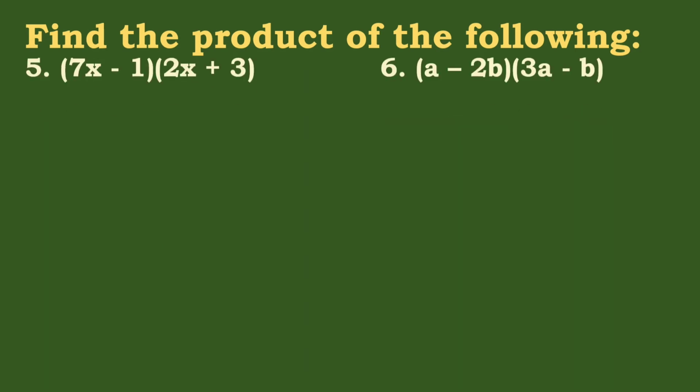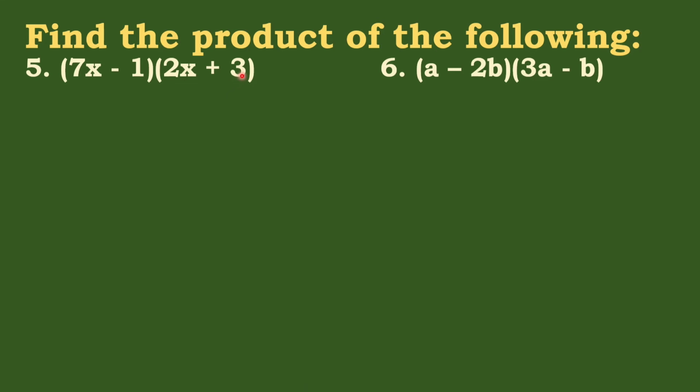Okay, two more examples. Now, some students, whenever they find that the binomials involved are similar binomials. When we say similar binomials, as you can see here, the first terms are both x's, and the last terms are both constants. We can see that they are similar.